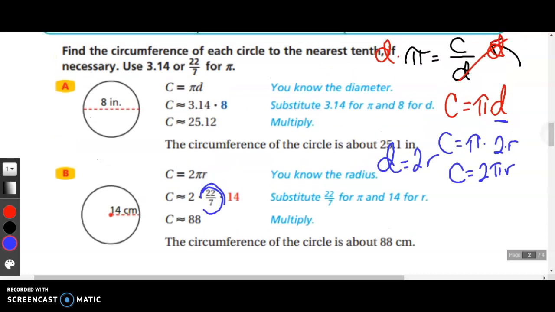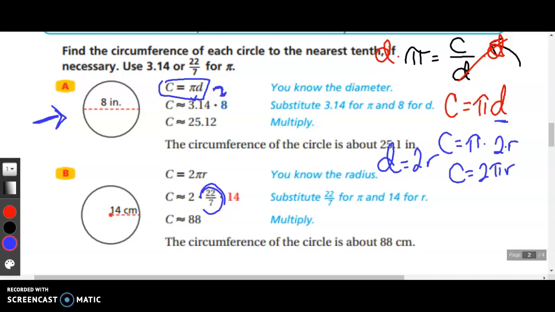All right, so if you want to find the circumference of this circle, the first thing you're going to do is decide, do you know the radius or do you know the diameter? Here we know the diameter, so we're going to use C equals pi d. We write C equals pi d, we replace pi with 3.14, and we replace d with what we know, which is 8.